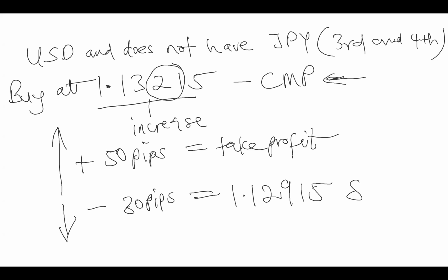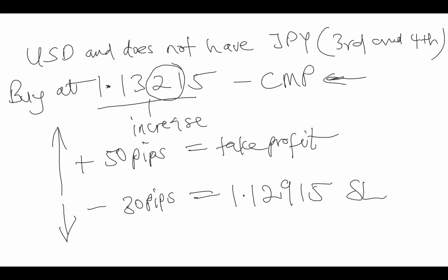So since my TP is supposed to be 50 pips, what do you think my take profit price is? What am I going to set on MetaTrader as my take profit? Look at the numbers. 1.13215.